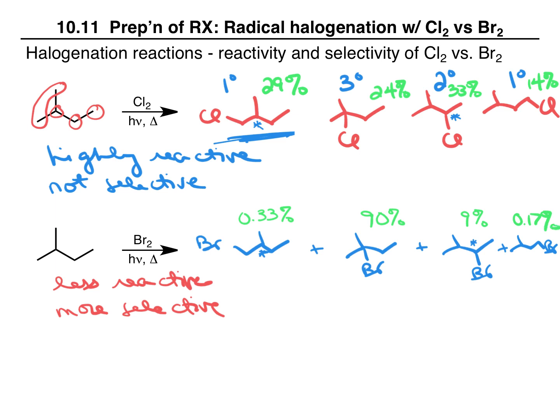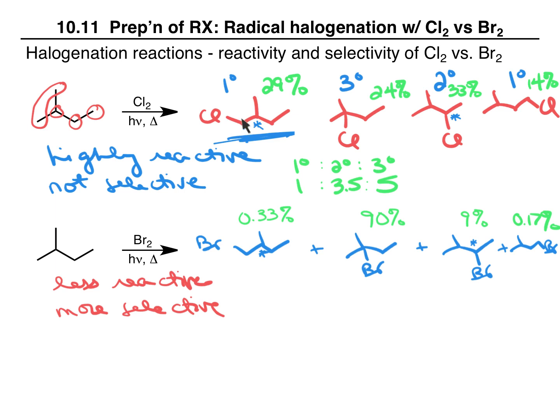0.17%. So with chlorine, the relative reactivity of primary compared to secondary compared to tertiary is 1 to 3.5 to 5. You don't have to know these numbers. I just want to go through an example. So although this is less reactive, the other positions are 3.5 or 5 times as reactive.